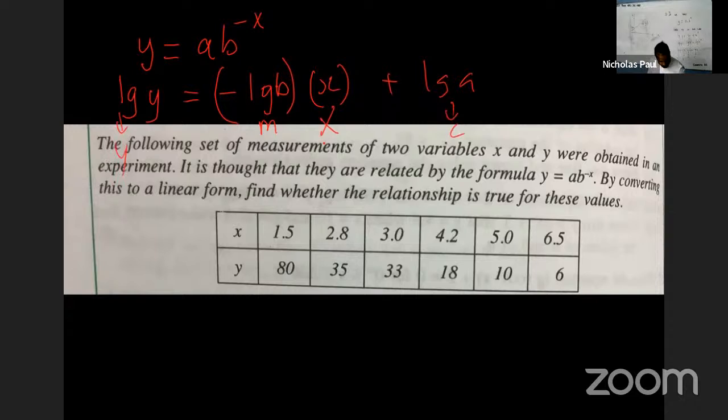Do not change your x values, the x value is good. What you have to get is log y, so you have to log all your y values. Try to put it to 1 or 2 decimal places, and then sketch.